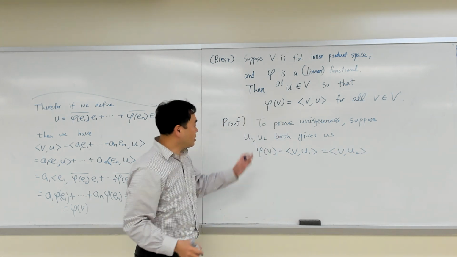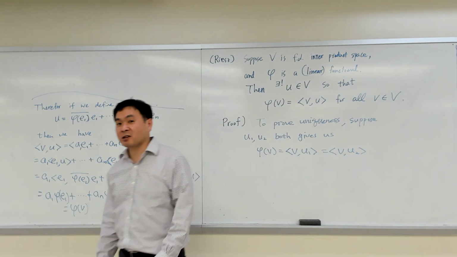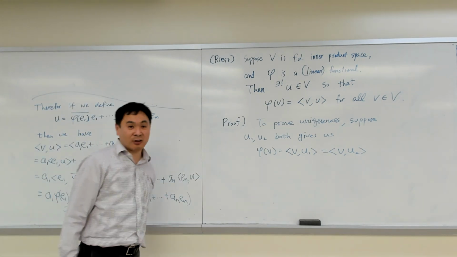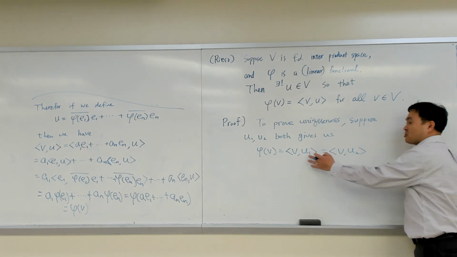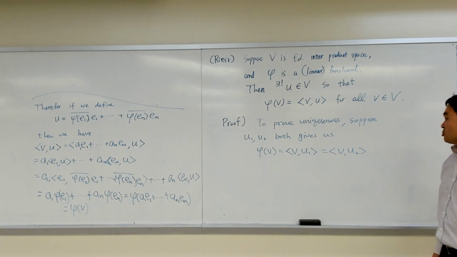Suppose we had two different vectors that gave you the same representation of V. In that case, we need to show uniqueness, which means U1 has to be the same as U2, right?